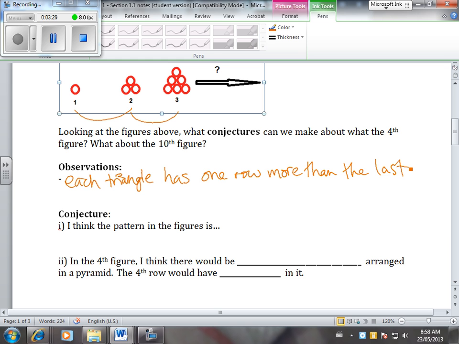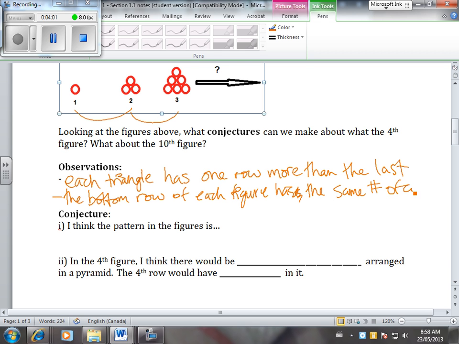So I noticed that in figure 1, the bottom row has 1 circle. Figure 2, the bottom row has 2 circles. And figure 3, the bottom row has 3 circles. So the bottom row of each figure has the same number of circles as the figure number.